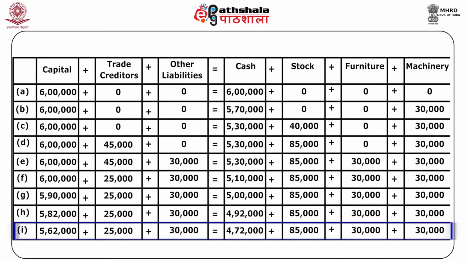On I part, we have 5,62,000 of capital plus 25,000 of creditors plus 30,000 of liability, which will give you 4,72,000 of cash, 85,000 of stock plus 30,000 furniture plus 30,000.